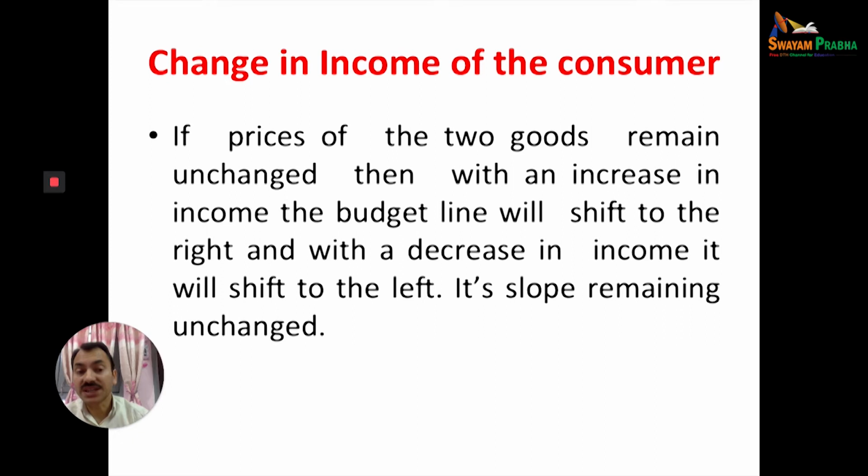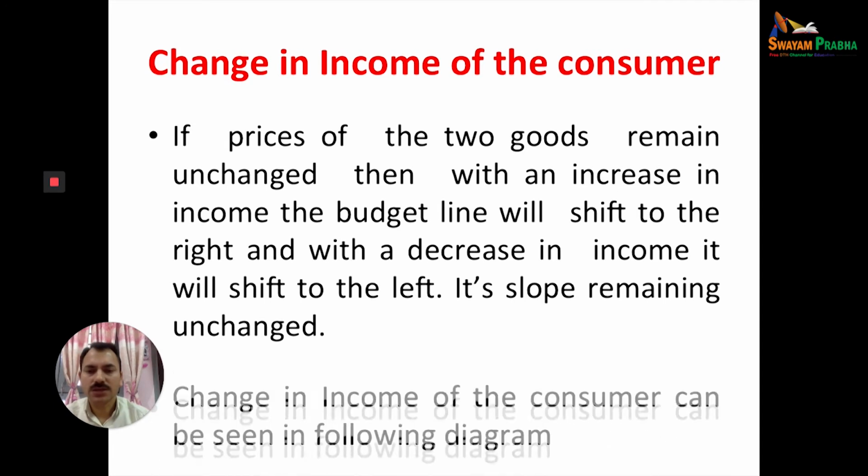And with a decrease in income, it will shift to the left-hand side. Its slope will remain unchanged. When the income of the consumer increases, the budget line will shift to the right-hand side. When the income decreases, it will shift to the left-hand side.